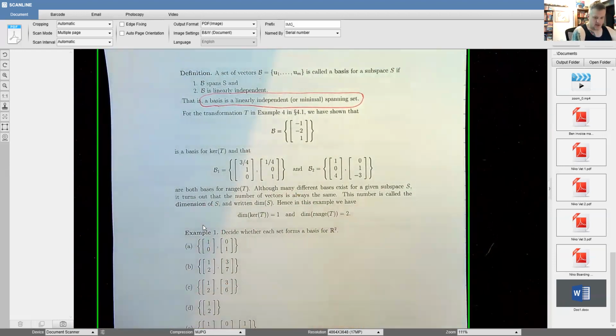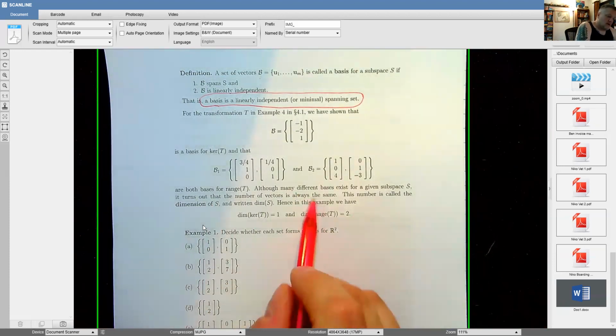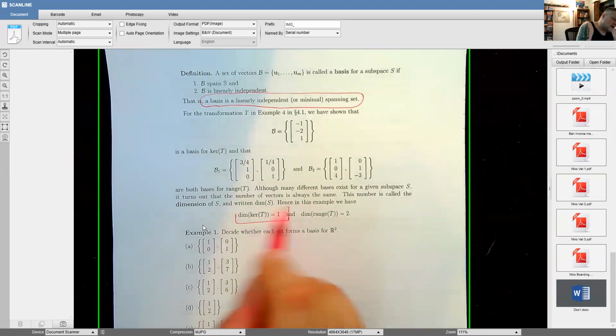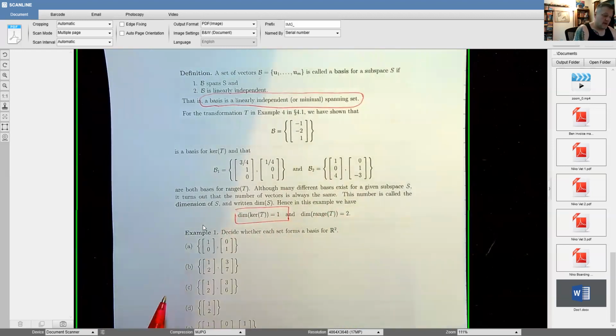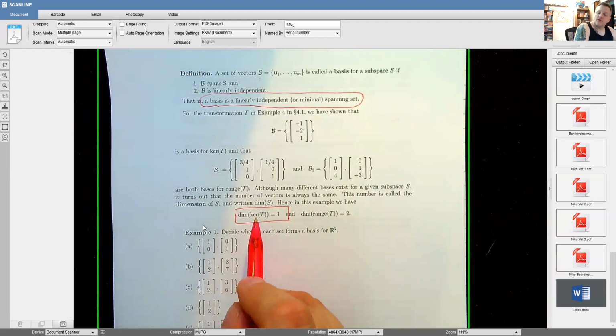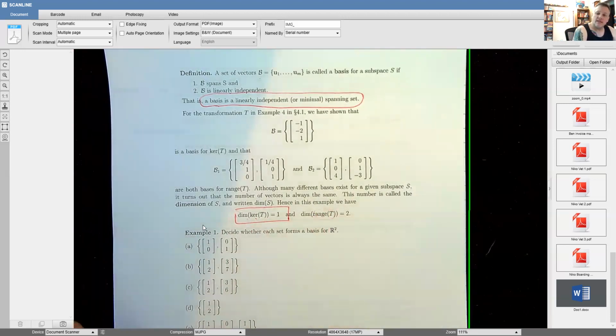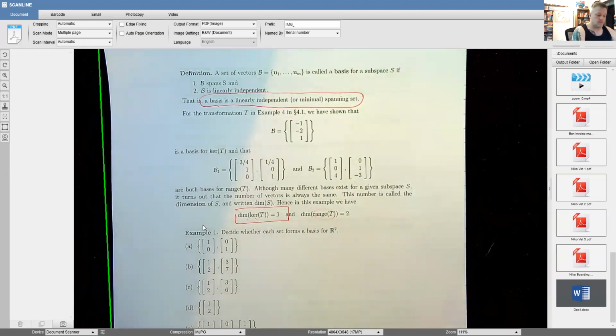It's always the same because a basis has the minimal number of vectors in it that would span the space. All right, so the number of vectors in the basis is called the dimension. And so here, the basis for the kernel contained a single vector, so its dimension is 1. The basis for the range of T contained 2 distinct linearly independent vectors, so its dimension is 2.